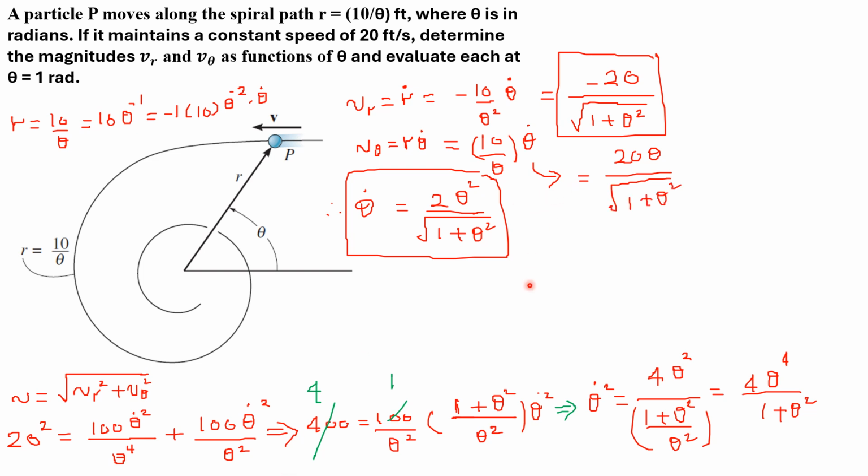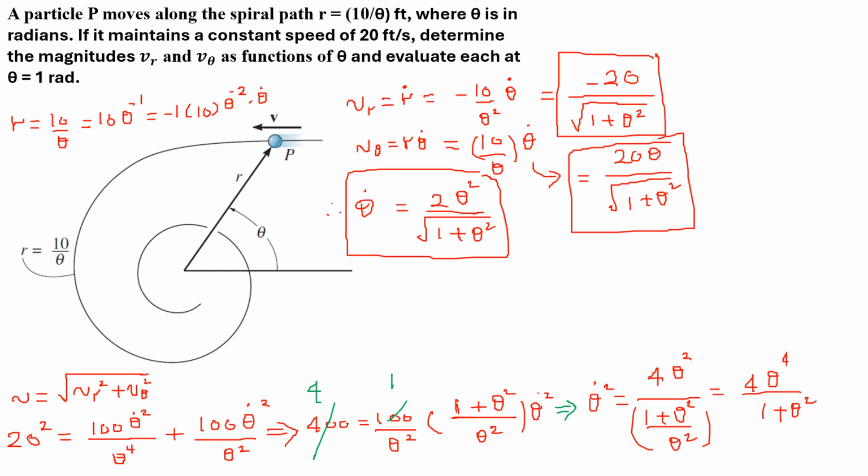Okay, so this answers expressing Vr and V theta as functions of theta. And now we need to evaluate each at theta equal 1 radian. This is just an angle at which we need to evaluate these components of velocity. Remember that the SI unit of theta is radian.